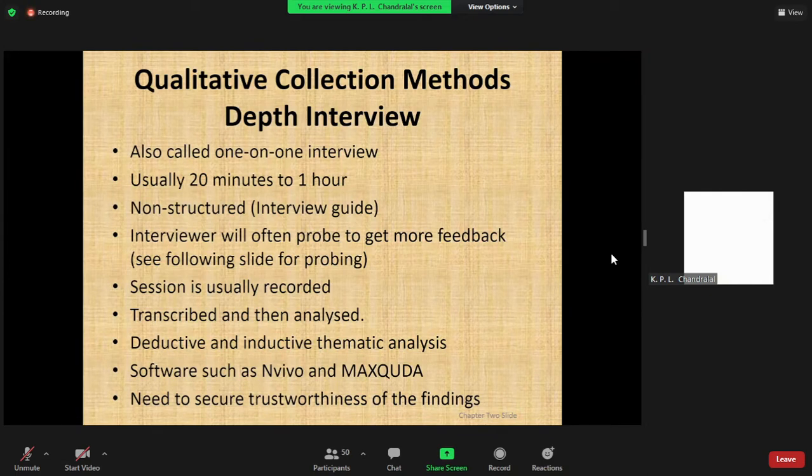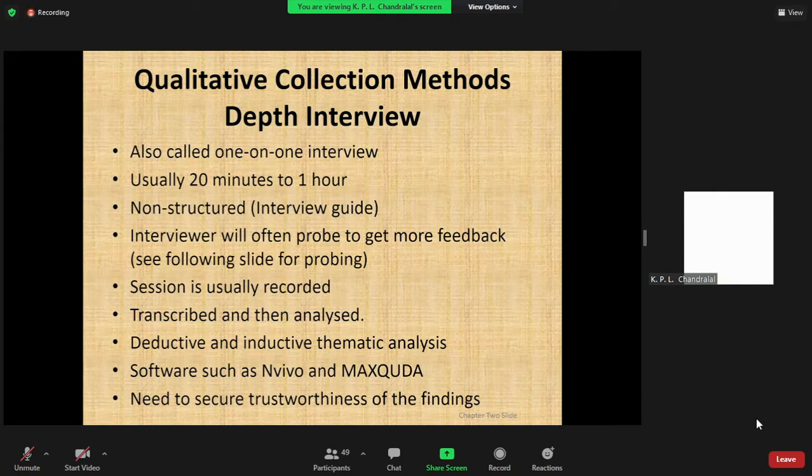Sometimes there is a flow. Even if certain points are listed in the latter part of the interview guide, sometimes based on what your participant is saying, you have to ask that point early. That's why it's a guide.